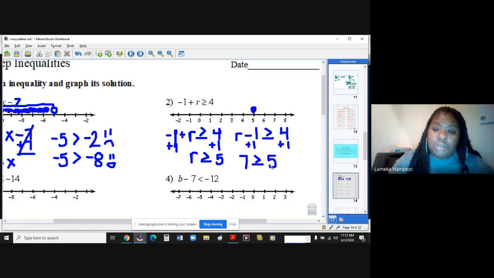Yes. Because it is, that means any number to the right, 6, 7, 8, 3,000,000, 10.39, whatever, all of those numbers would make the inequality true. So any number to the right. All right. So we're going to give that one a smiley face too.